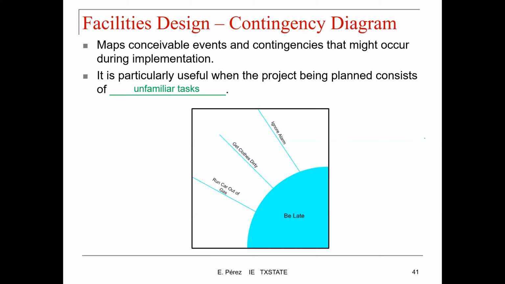Here I have a very simple example. For example, if you have a class at 8 o'clock in the morning, you don't want to be late. So if you start listing conceivable events that can put you in a situation in which you might be late, then you can list those, and you can plan for strategies that will try to minimize the impact of that.